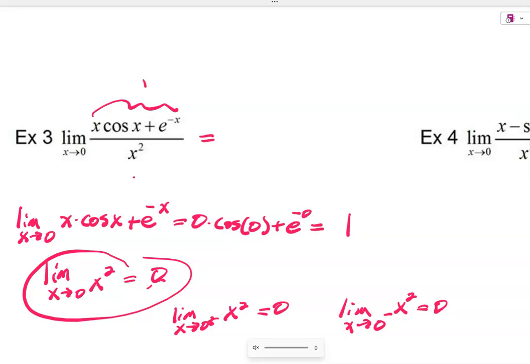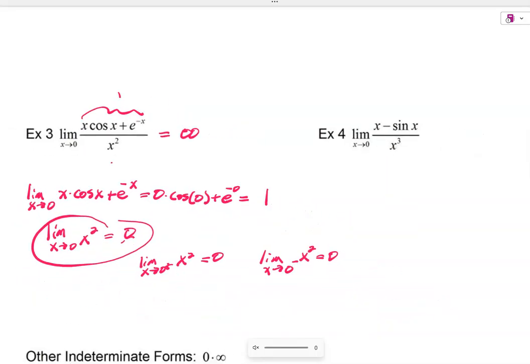Down below, you're always going to have a positive small number. 1 divided by something small is big. See, this is not L'Hopital's rule. If perchance you misapply L'Hopital's rule, you might get an incorrect answer. L'Hopital's rule does not apply, so be careful with that.